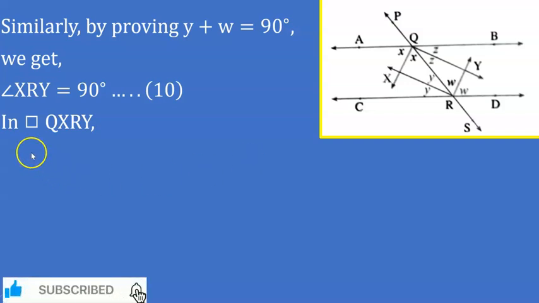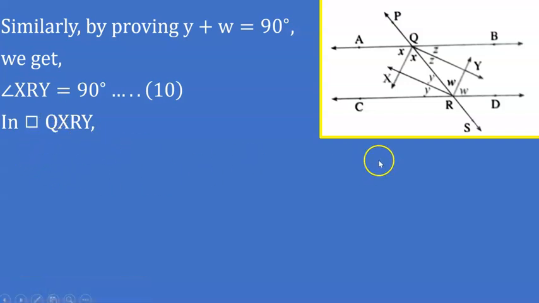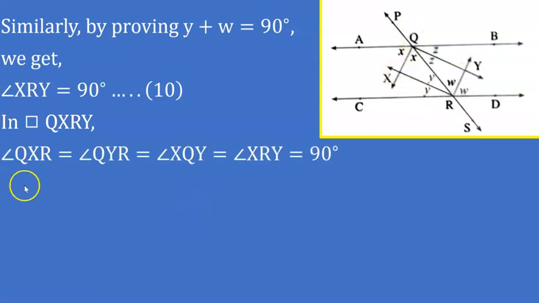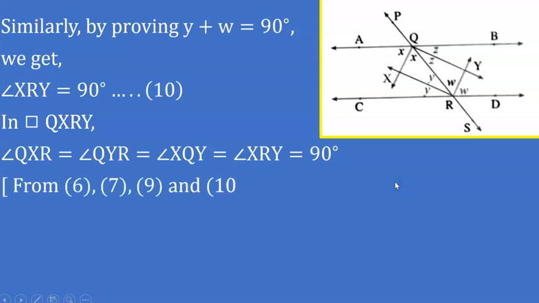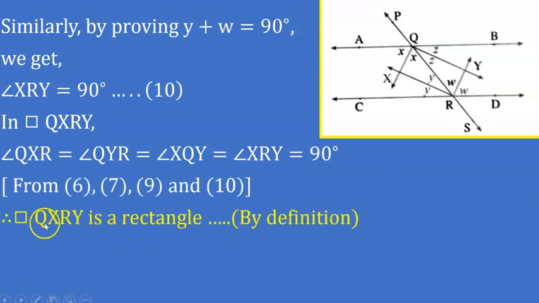Therefore in quadrilateral QXRY, angle XQR, angle QYR, angle XQY, and angle XRY are each equal to 90 degrees. Therefore quadrilateral QXRY is a rectangle, and hence we have proved it.